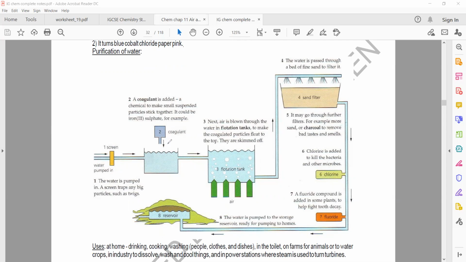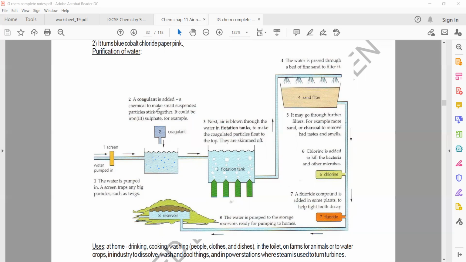We add aluminum sulfate or iron sulfate, because this water contains fine particles. As this water contains fine particles, it is difficult to separate them, it's difficult to filter, because they are able to pass through the filter paper.